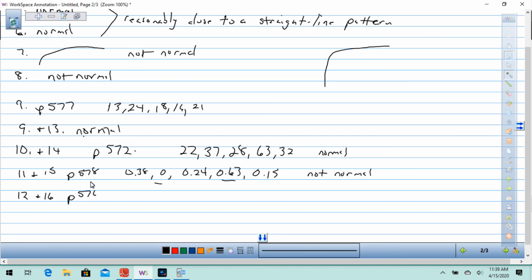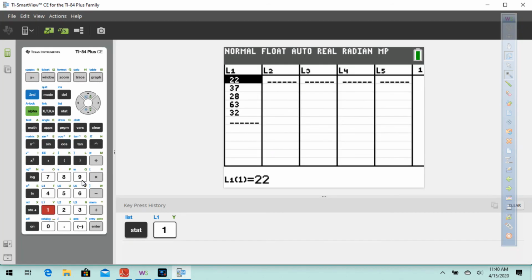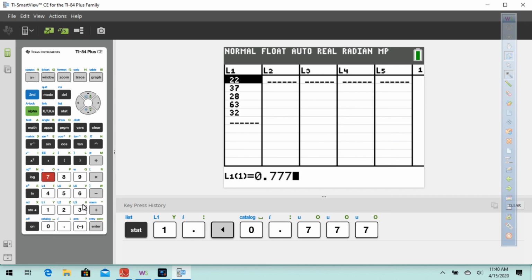And Diet Coke, well, what are we looking at? We're looking at the weight of Diet Coke. So let's go back here. And we got 0.7773, enter.